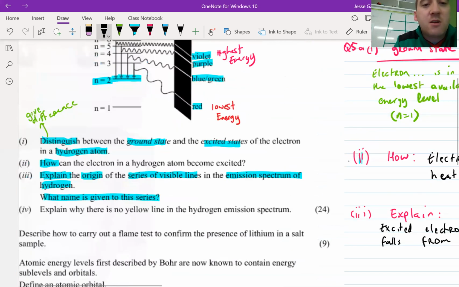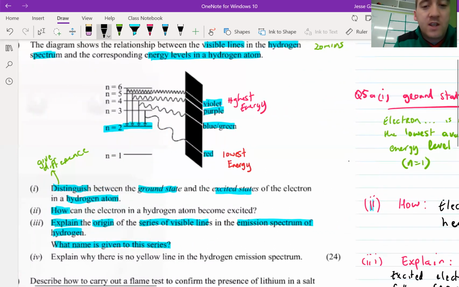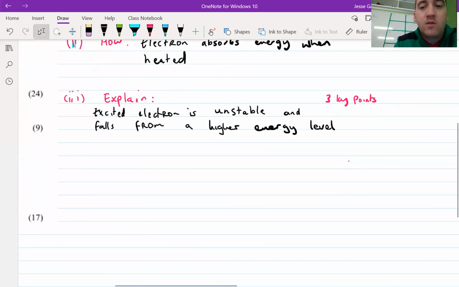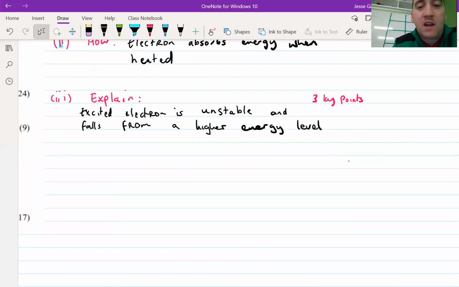And for the visible series of lines, which energy level does it have to fall to? Because it's specifically asking where the series of visible lines comes from, we don't just want to say it falls back, we need to say where it falls to. So again, pause the video and add that detail if you didn't get it. The excited electron is unstable and falls from a higher energy level to the n equal to 2 energy level.